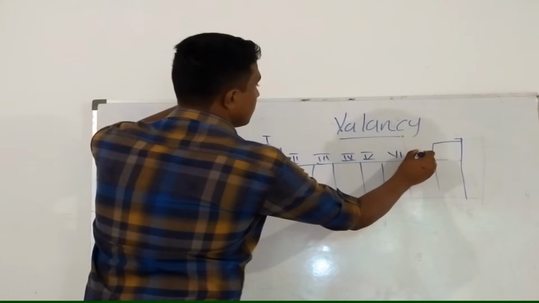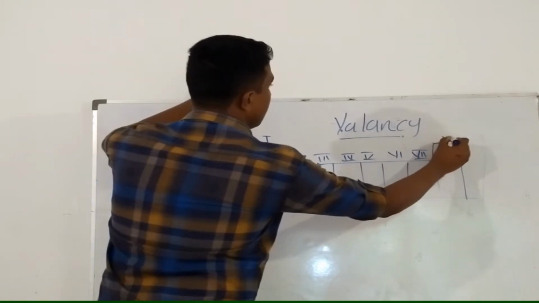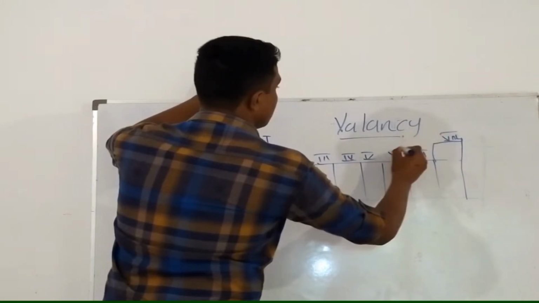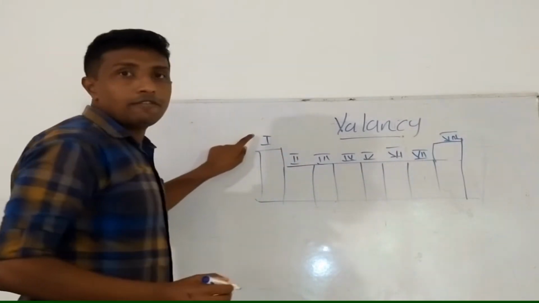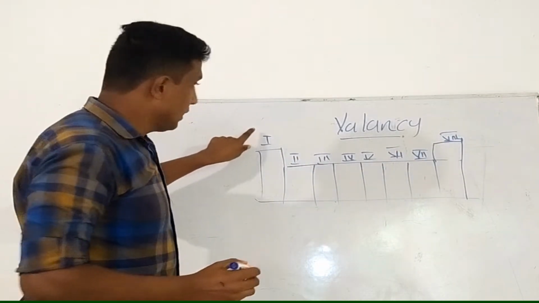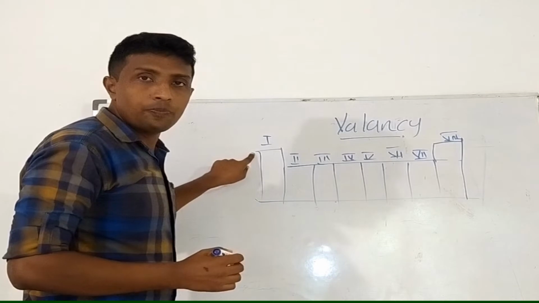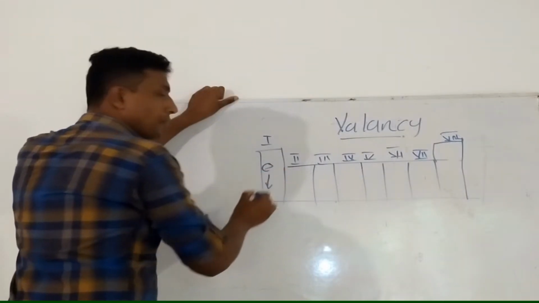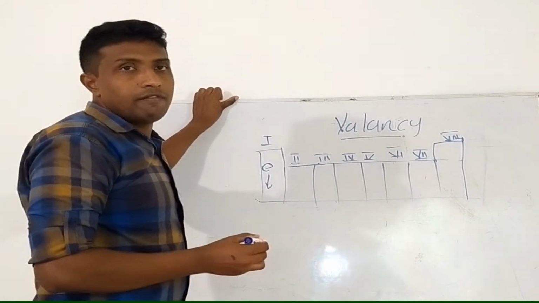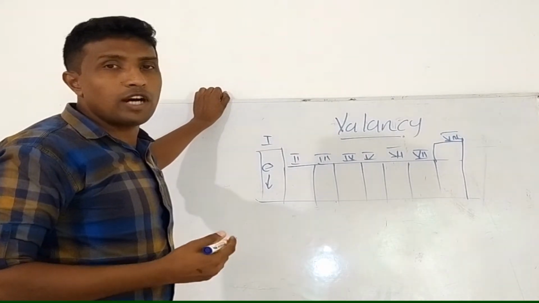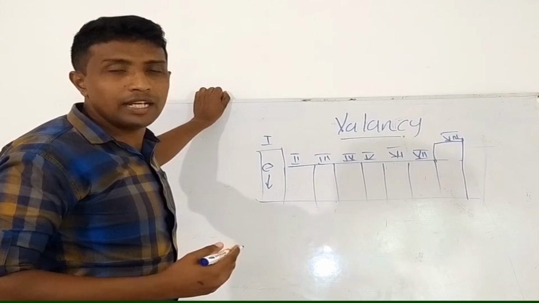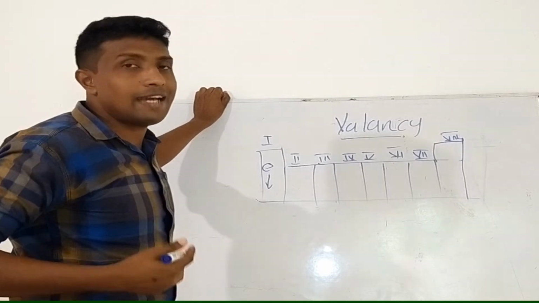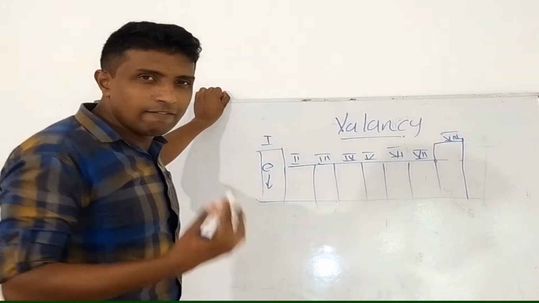We learned that the first group is always willing to give one electron out, isn't it? We call them universal donors. They are always willing to give away. They are very wealthy people.